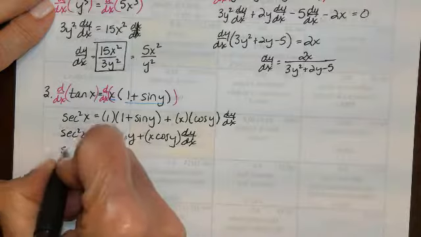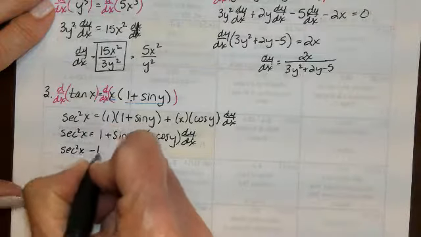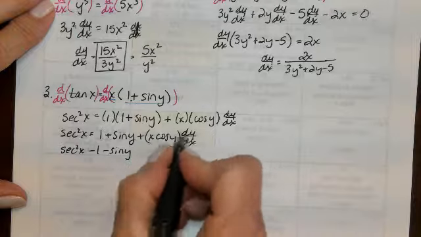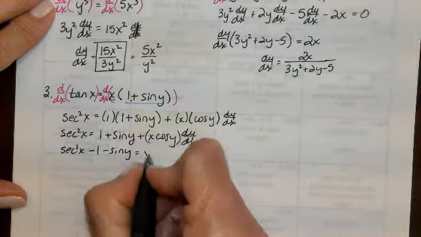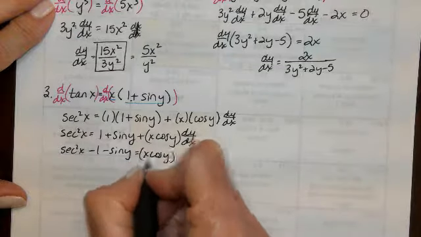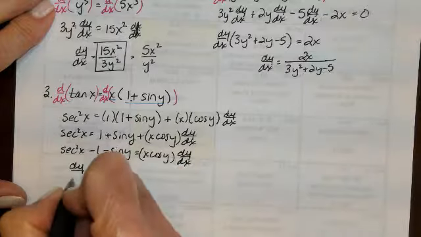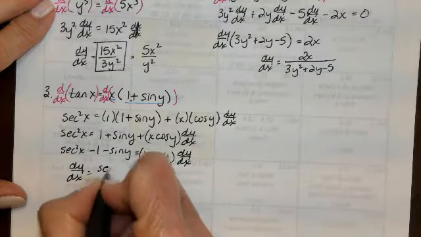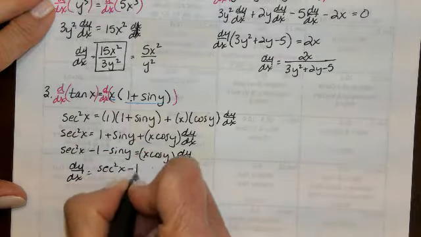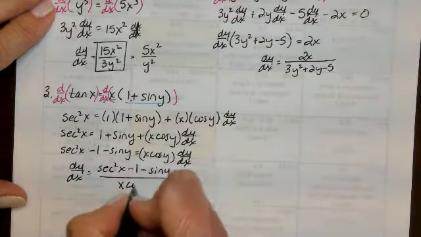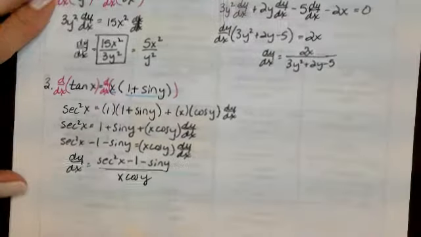So secant squared x minus 1 minus sine y would equal this thing, right? I guess I'll go ahead and write that. So dy dx is secant squared x minus 1 minus sine y all over x cosine y.